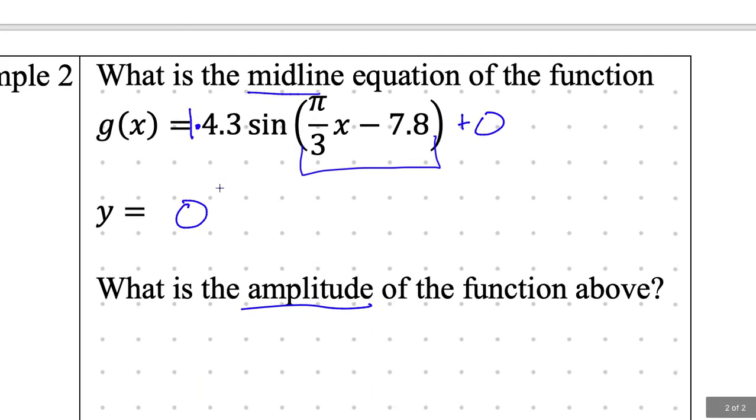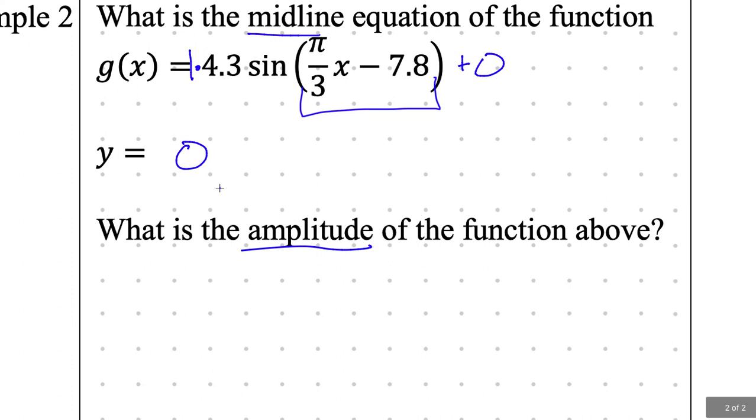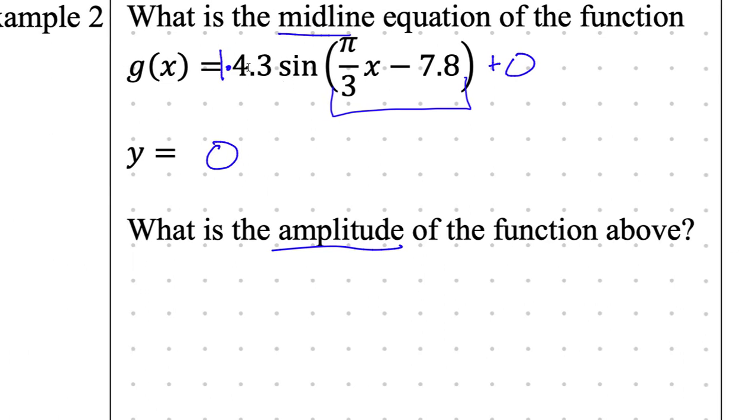All right, so we have our midline and our final volunteer, someone new. What is our amplitude? Someone new. Yes, Chewy. What is our amplitude? 4.3. It is indeed 4.3.